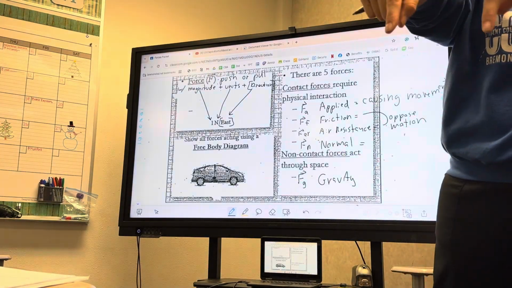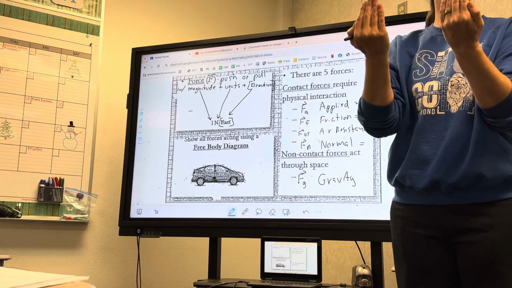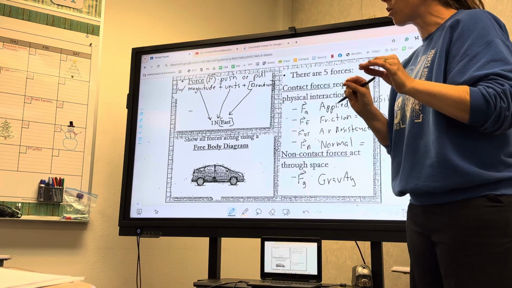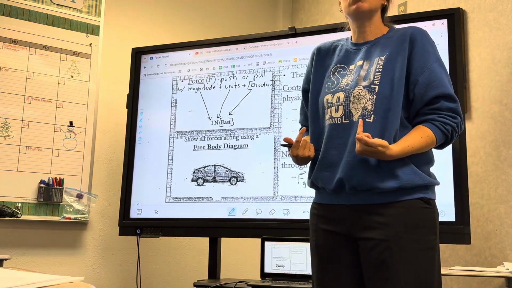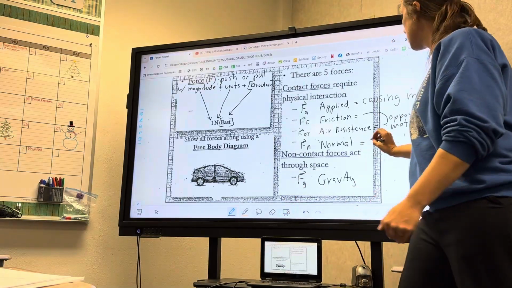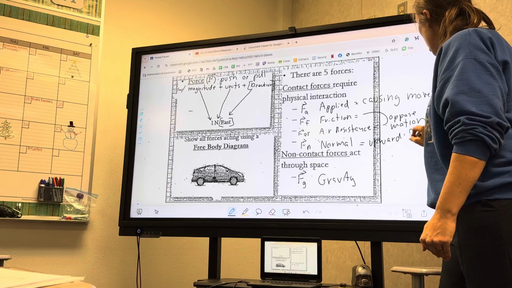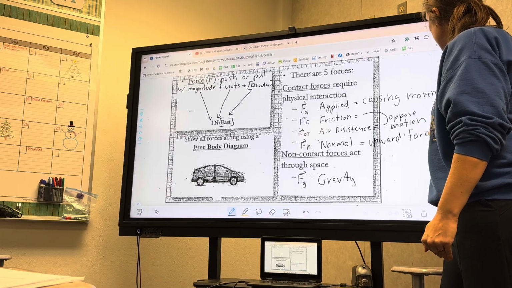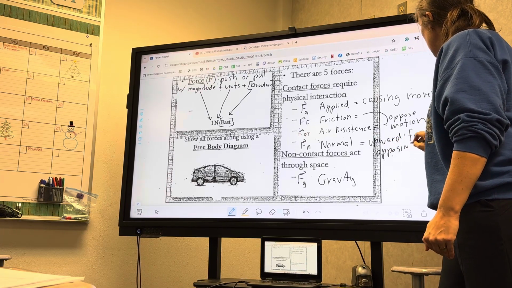Also, if we were standing on a desk, the desk pushes back on us. So what the normal force is, it's the force that pushes upward so we do not fall into the ground. Okay? So this is upward force opposing ground.